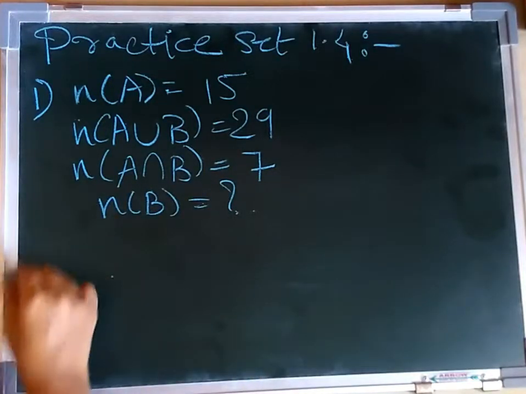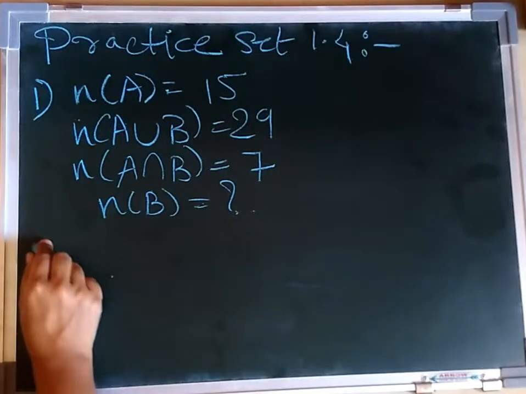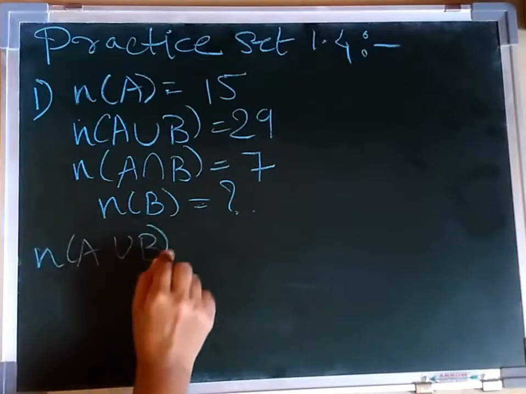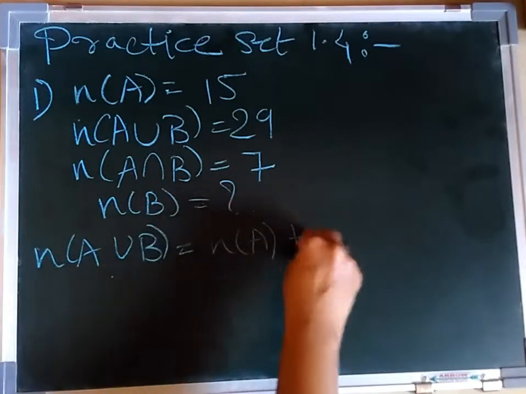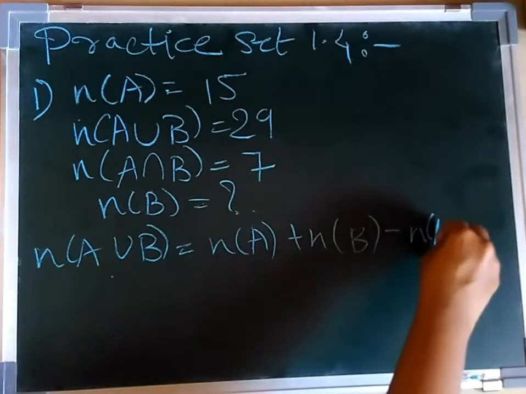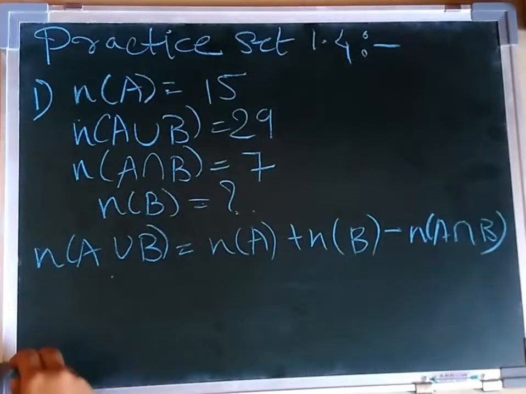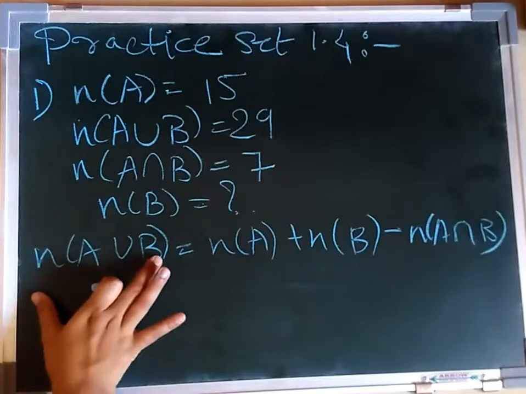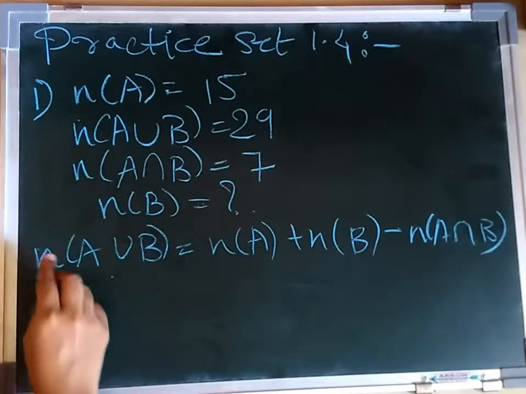Now in the last video we discussed, or we came up with, a formula which says N of A union B is the same as N of A plus N of B minus N of A intersection B. Now if I take N of B this side and N of A union B this side, then I will be able to solve this particular problem.